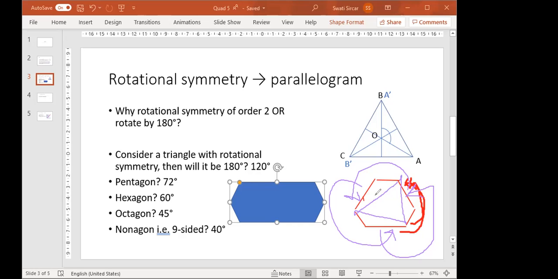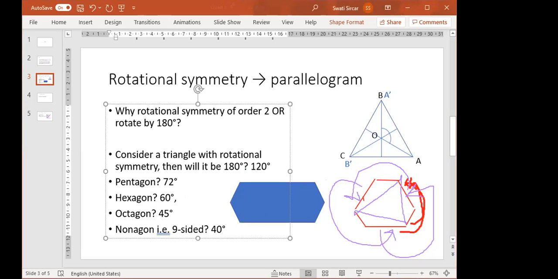Okay, so now that you see it, what is the angle of rotation? 120. Yeah, if I heard you correctly, I think you said 120. Now notice what are the things that you are getting. For a hexagon, you got 60°, 120°, and 180°, right?